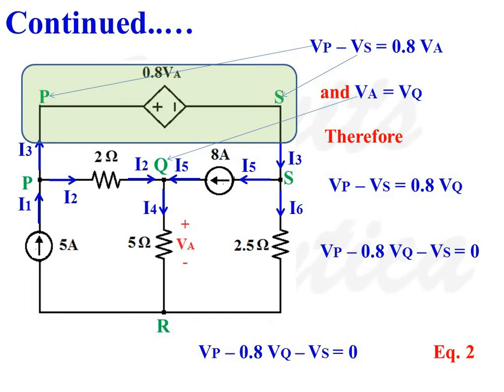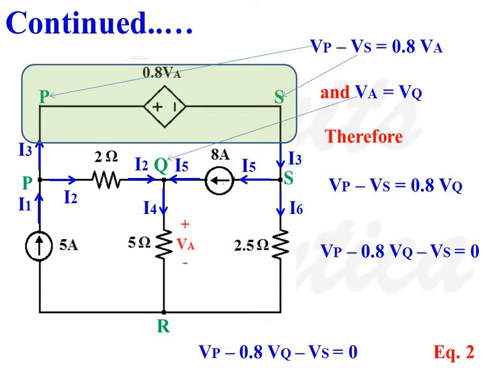The dependent voltage source of value 0.8 VA is connected between node P and node S. Therefore, we can write Vp minus Vs is equal to 0.8 VA, where VA is the voltage drop across 5 ohm resistance, or we can say VA is the voltage at node Q. Therefore, we can write Vp minus Vs is equal to 0.8 Vq.